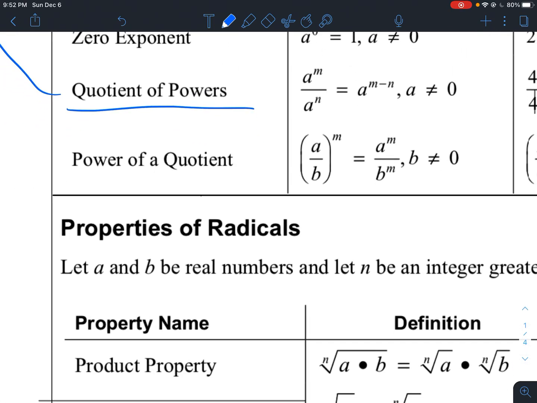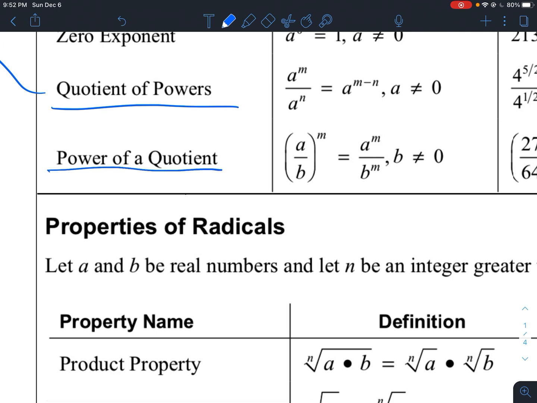You see here that the power of a quotient says that if a divided by b is raised to the m power, then this is equivalent to a to the m over b to the m. So if I do this in reverse, a to the m power times b to the m power, notice that they have a different base, but they have the same exponent, then I can rewrite that to be a divided by b to the m power.